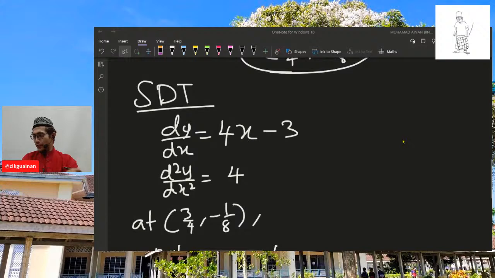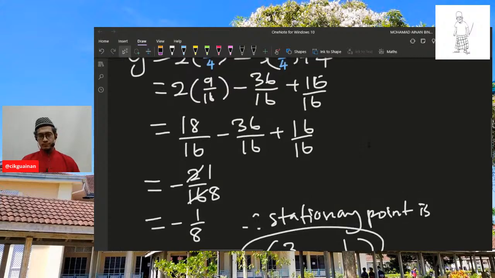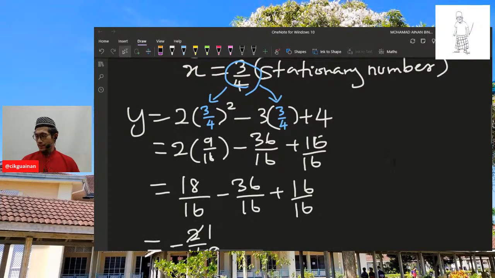Since I said I don't have a calculator with me, no problem. I just substituted, sir.